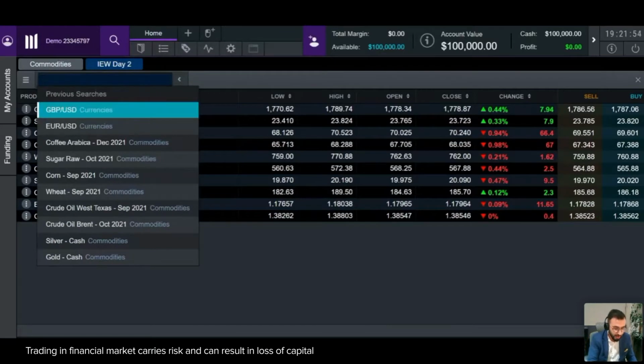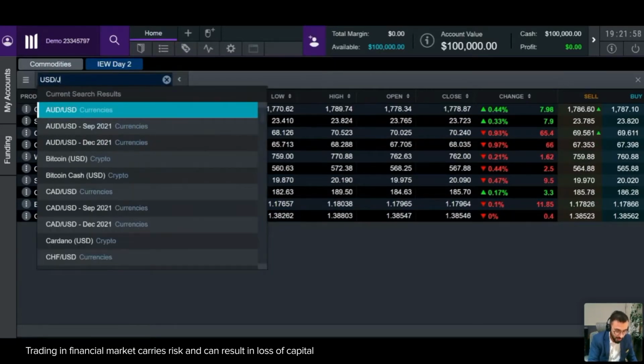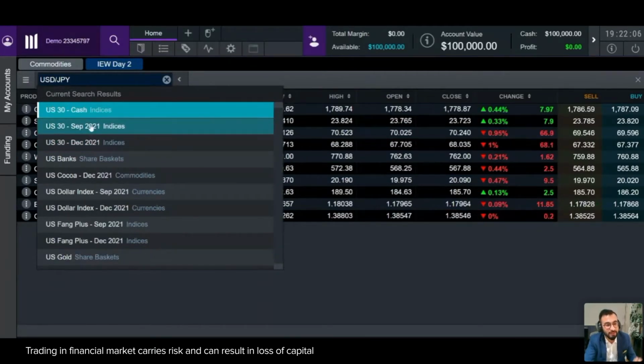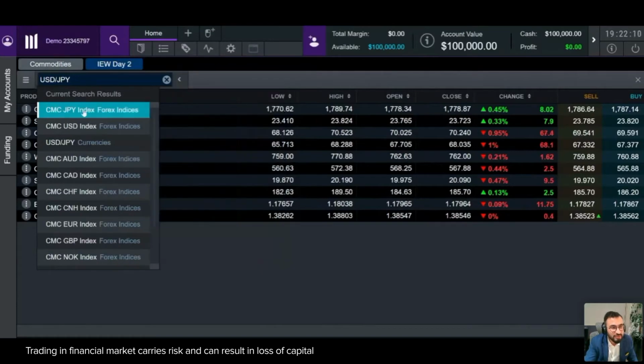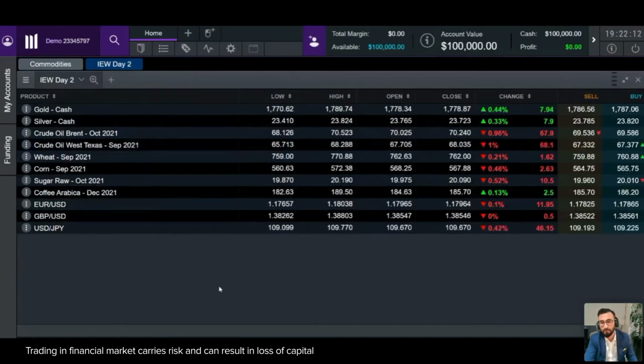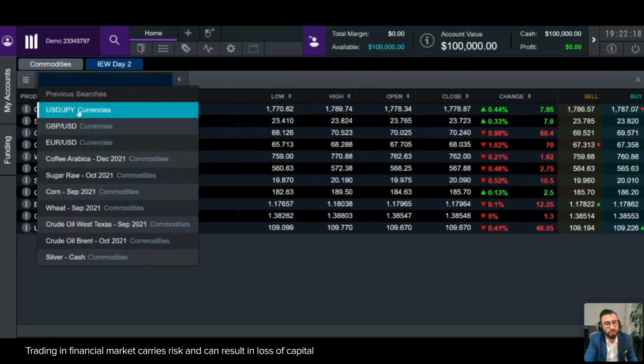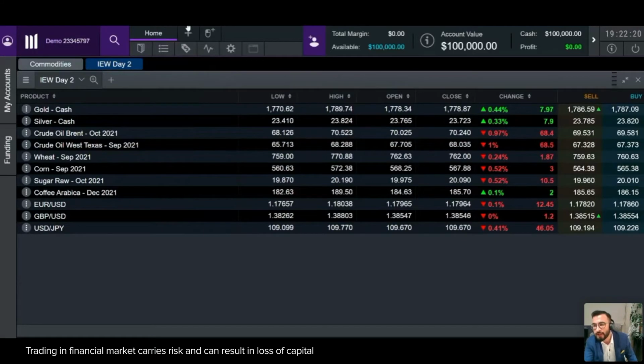You can also add USD/JPY, which is Japanese yen, and you'll be able to find USD/JPY as currencies right here. You can easily search it from the product library, or just click on the add option and you will be able to find it.